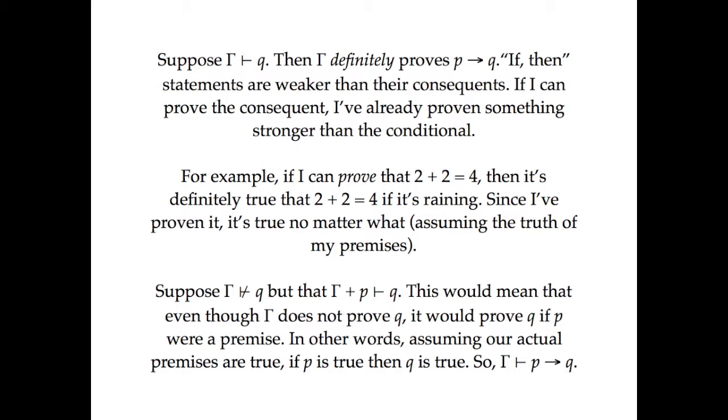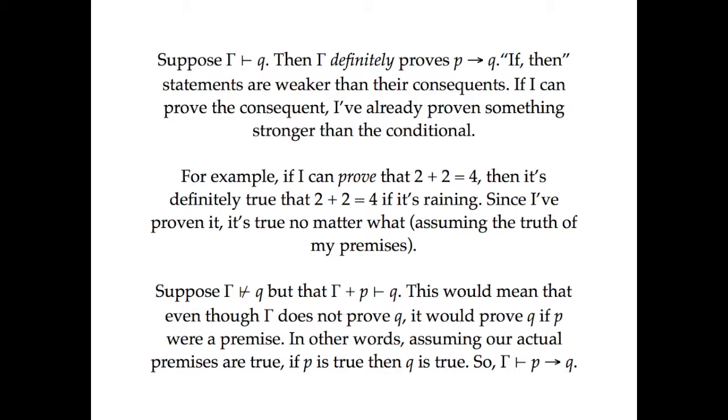Now, suppose that gamma doesn't prove Q, but that gamma combined with P does prove Q. Well, what would that mean? It would mean that even though gamma does not prove Q, gamma would prove Q if P were one of the premises.